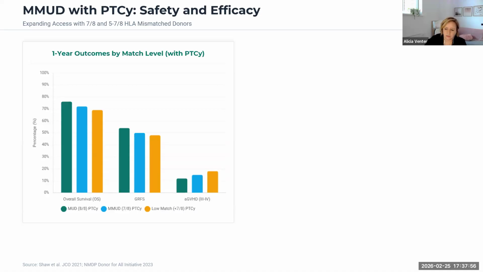Comparing them in terms of overall survival, the graft rejection survival rates, and also acute graft versus host disease. What is the likelihood of having any of those outcomes for those 3 products?